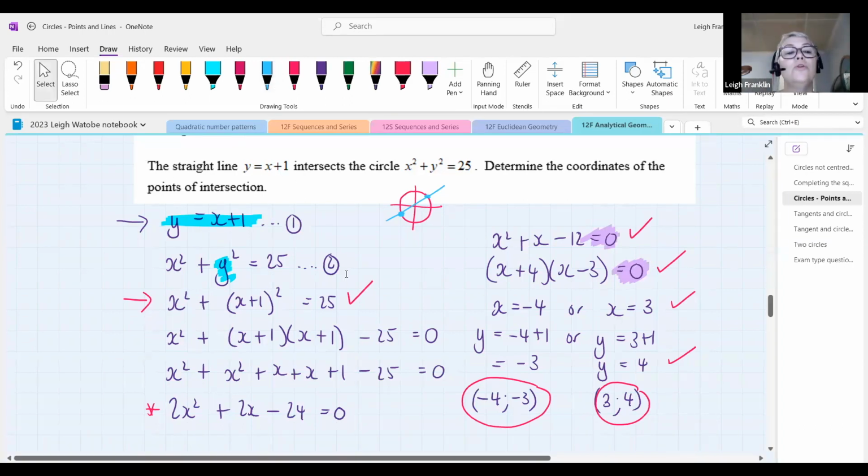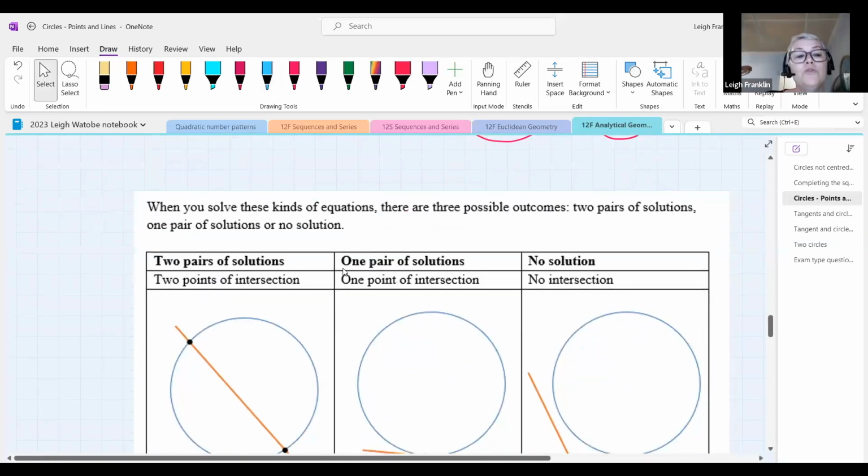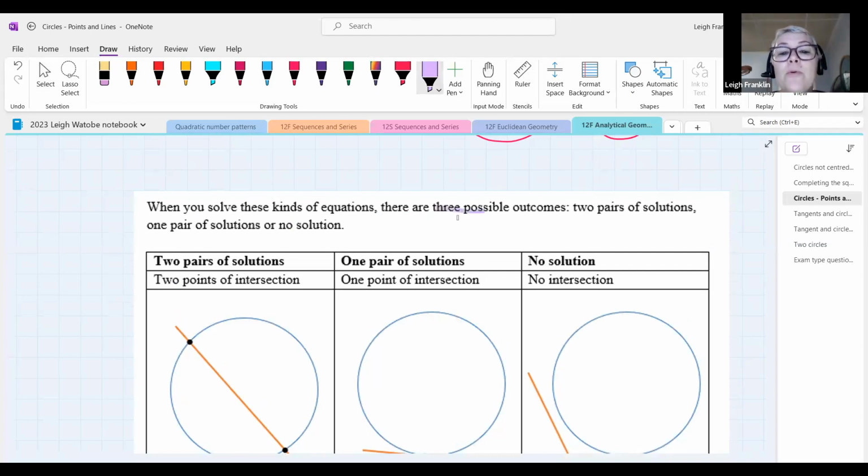Since we've got two answers, our line must intersect our circle twice. I'm emphasizing this because when you solve these kinds of equations, there are three possible outcomes. The first is that you have two pairs of solutions, like we did in our example. Or we have one pair of solutions.